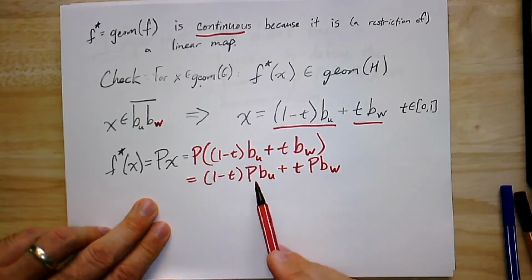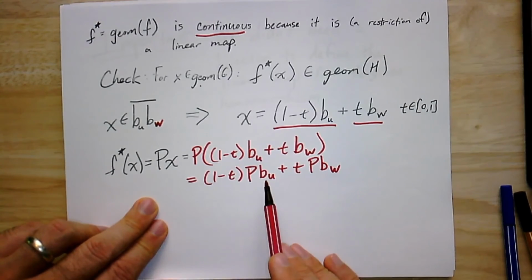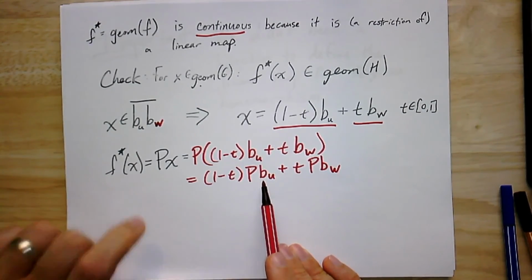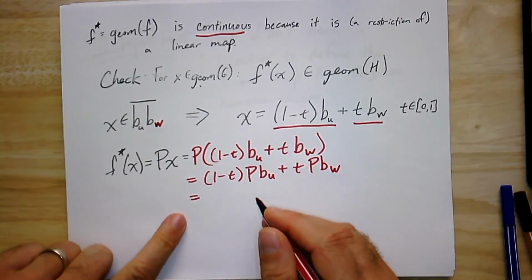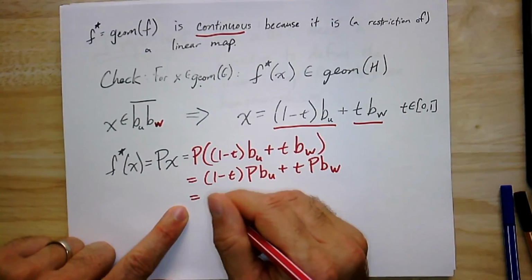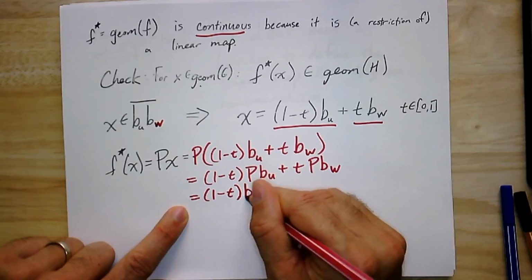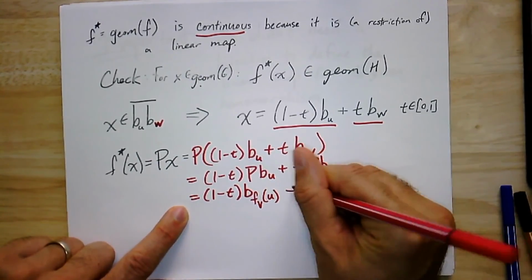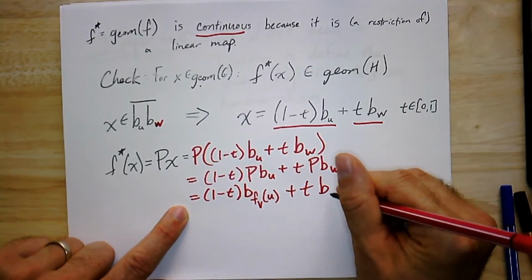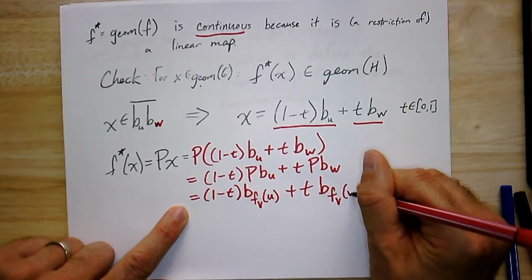Now this permutation matrix was designed to do exactly one thing, which is to take these standard basis vectors and essentially apply fv to them, at least to their index. So what that means is that this is equal to 1 minus t times the standard basis vector at fv of u plus t times the basis vector at fv of w.